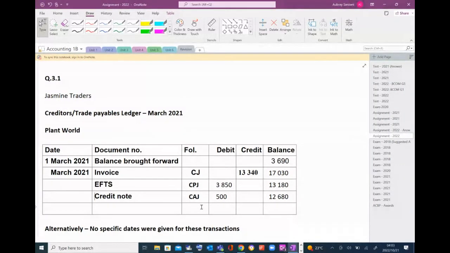Sorry. What else? I was overcharged. So that's a credit note. Debit note is actually the opposite of that. So that's why I say this is supposed to be a credit note. If you guys put debit note, I will not be happy. I will not be happy.